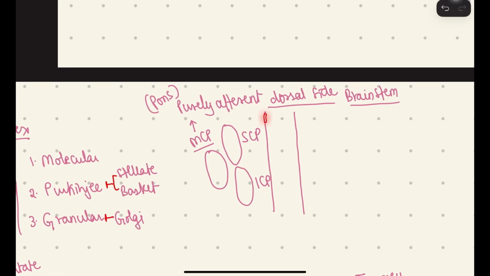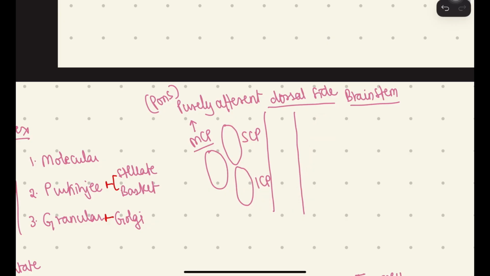If this is your brainstem, the inputs and outputs to and fro from the cerebellum come through the peduncles: the superior, inferior, and middle cerebellar peduncles. Notice how the middle cerebellar peduncle is on the lateral side and doesn't form the lateral wall of the fourth ventricle.